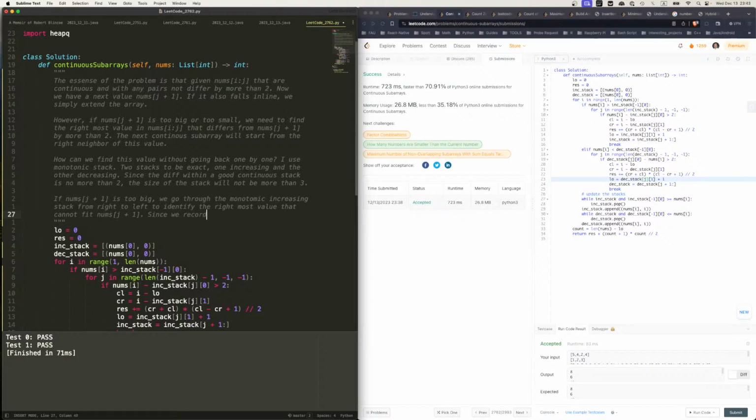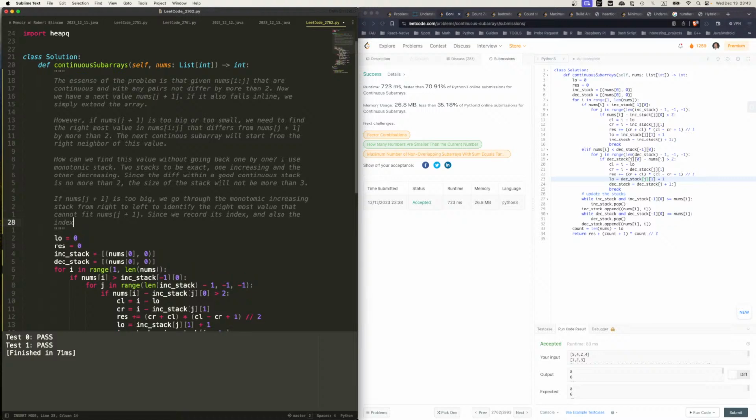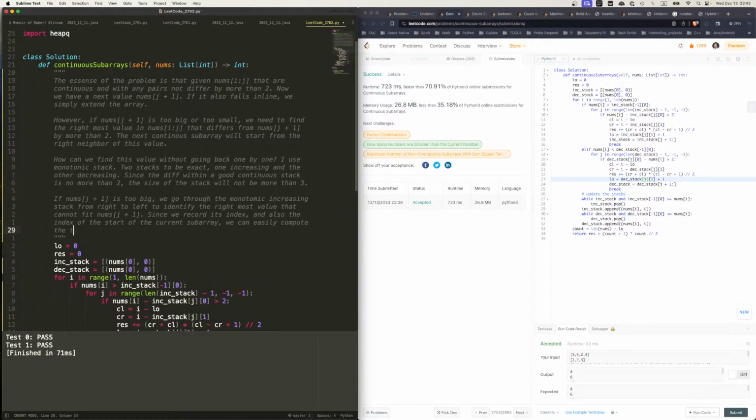Since we record its index and also the index of the start of the current subarray, we can easily compute the total number of subarrays in that range.